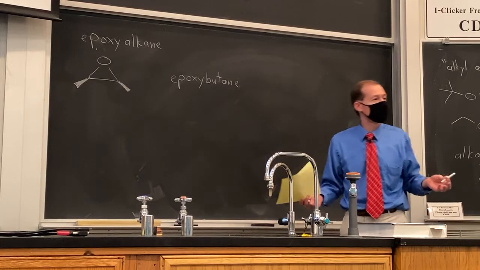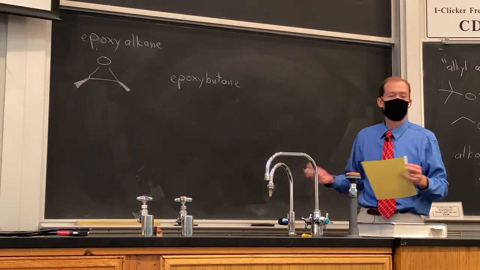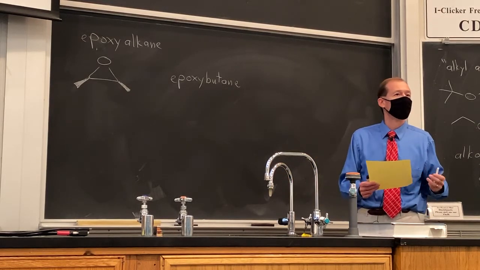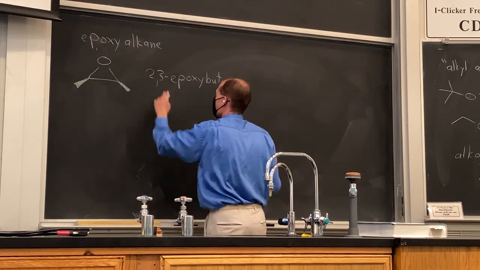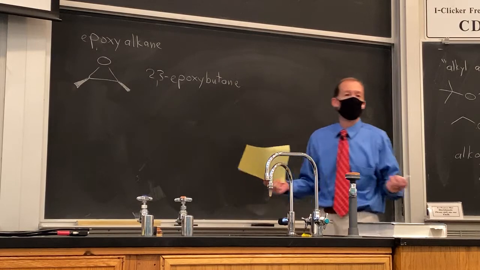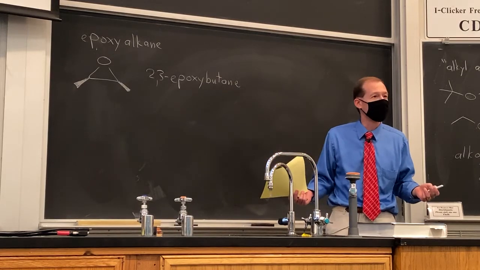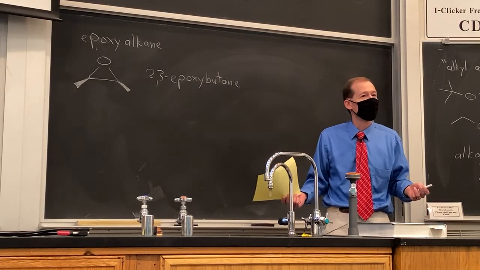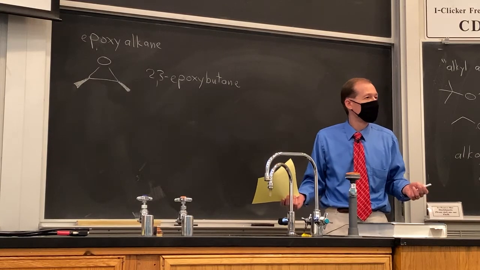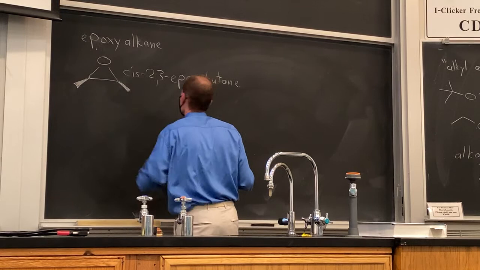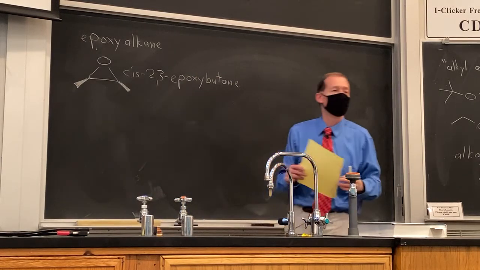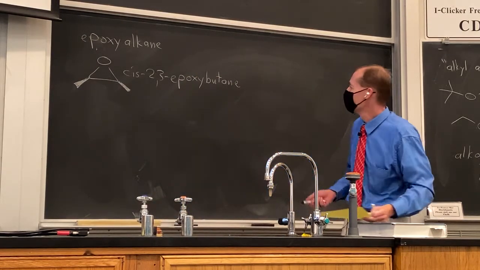And which carbons of epoxy butane is the oxygen bonded to? In this case, it's 2 and 3. So this is 2,3-epoxy butane. And then do we need another prefix in front of that? What do we need? We need cis. Okay. So this is cis-2,3-epoxy butane.